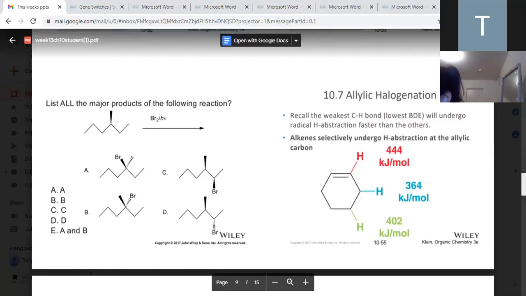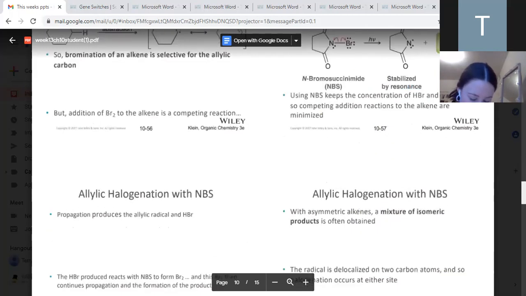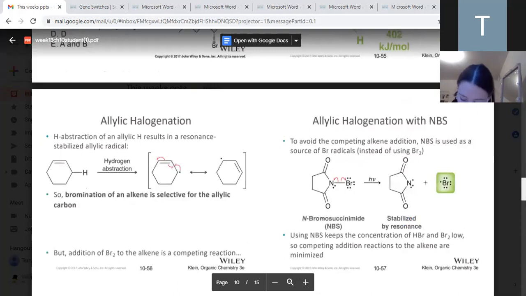And the reason for that is that we're going to have resonance with our free radical. If you remember back to your homework this week, you had to show that when you have a double bond nearby, you can move that double bond over. So with hydrogen abstraction, the allylic hydrogen results in resonance.